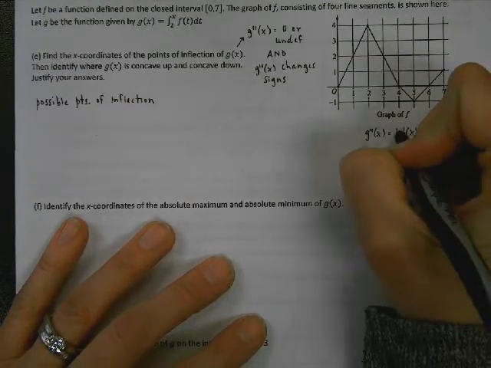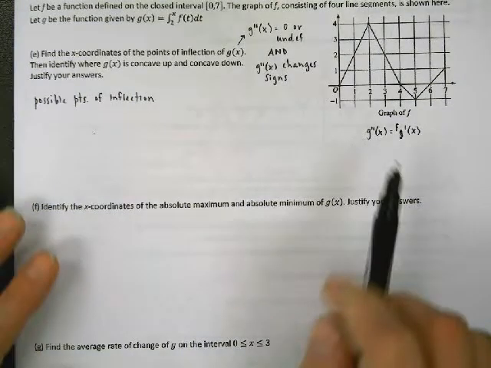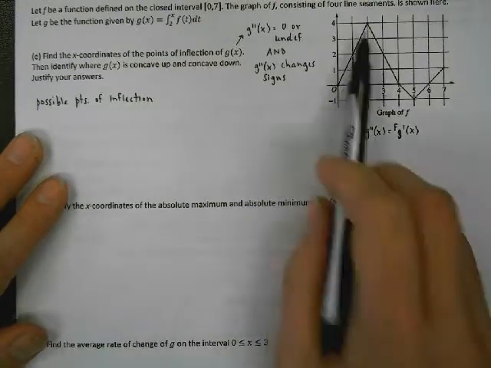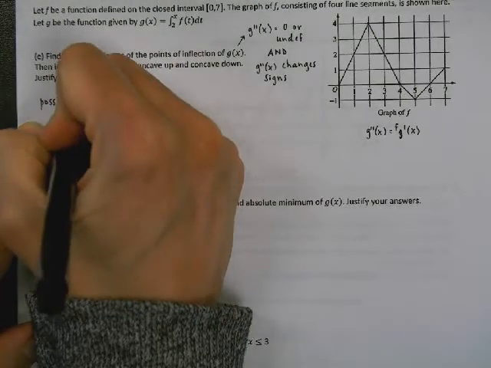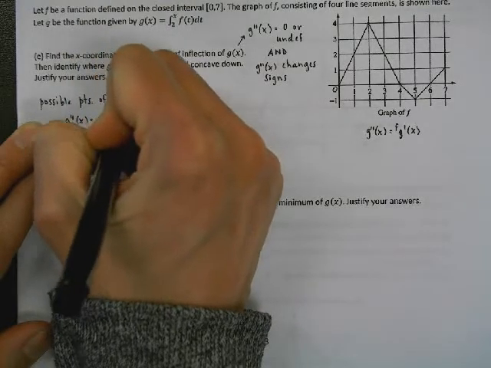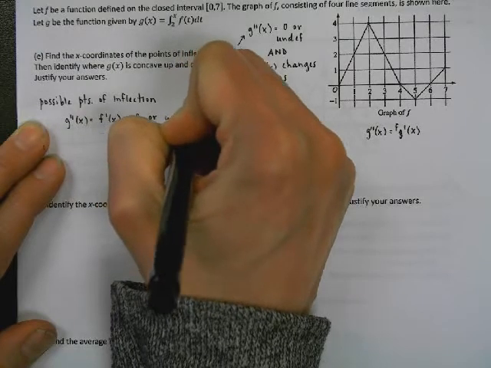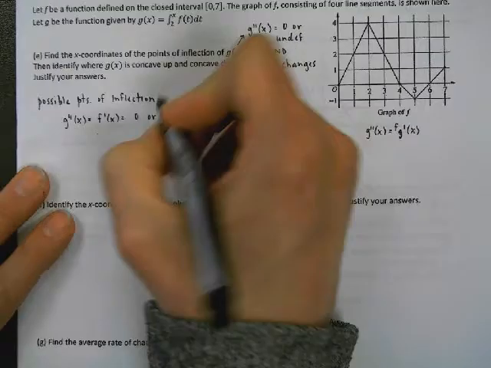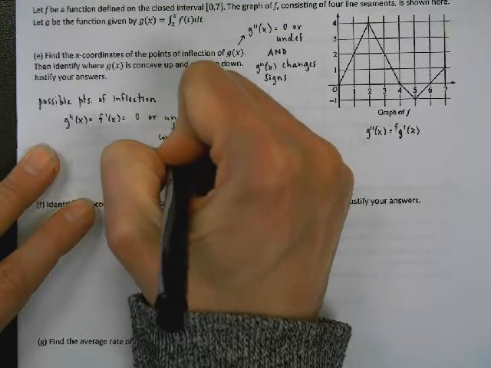So what I'm looking for is where f prime of x, the slope of f, is either 0 or undefined. So I'm going to make g double prime of x equals f prime of x equals 0 or undefined. Now remember, undefined is going to happen where I have a corner, cusp, or a vertical tangent.